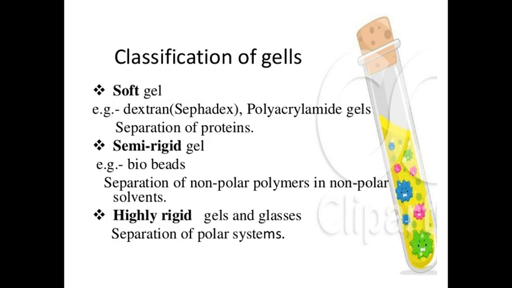Basically, whatever gel or gelling agent is utilized for the preparation of gel beads, the gels are categorized into three types: soft gel, semi-rigid gel, and highly rigid gel. Dextran or Sephadex and polyacrylamide gel are examples of soft gel, and Bio-Beads come under the semi-rigid gels.